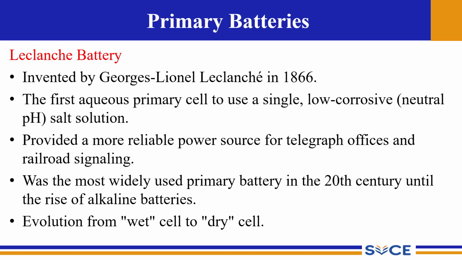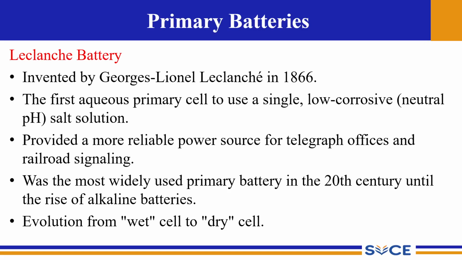The Leclanché cell was the most widely used primary battery in the 19th century until the rise of modern alkaline batteries. For almost a century, it was the dominant force in portable power. It powered a vast array of devices before being superseded by alkaline batteries due to their superior performance characteristics.